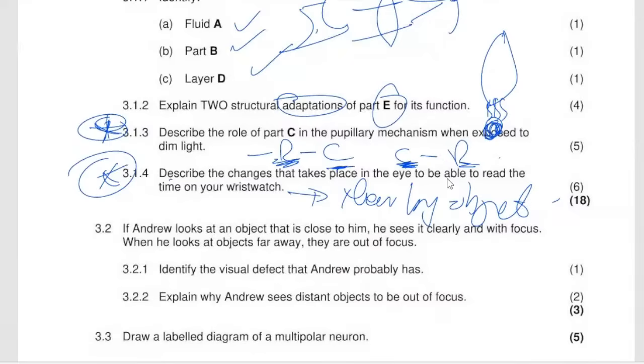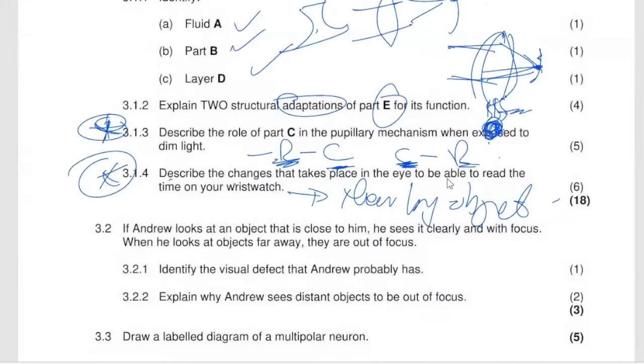So we shall say that the ciliary muscles contract, the suspensory ligament slackens, the tension on the lens decreases, the lens becomes more convex, the refractive power has increased, meaning that now the light rays are bent more, and a clear image is focused onto the retina.